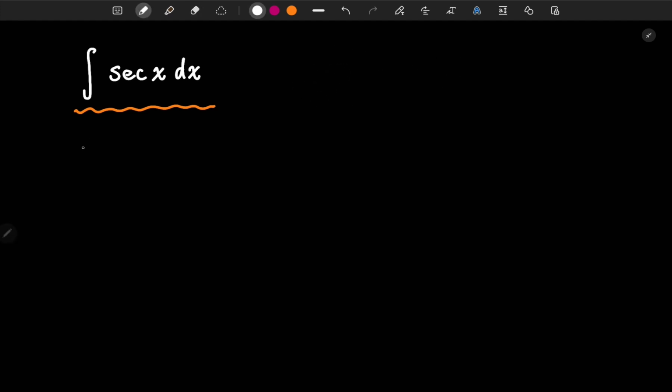So in this question, we're going to rewrite our integral in a slightly different format. Here we have the integral of secant x.